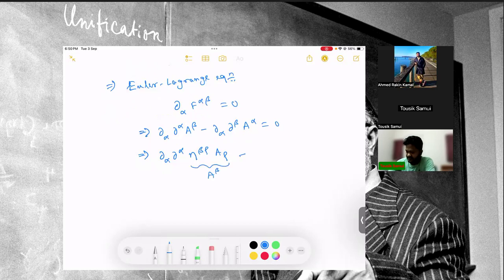And similarly, from the second term we get another eta rho A rho to be 0.